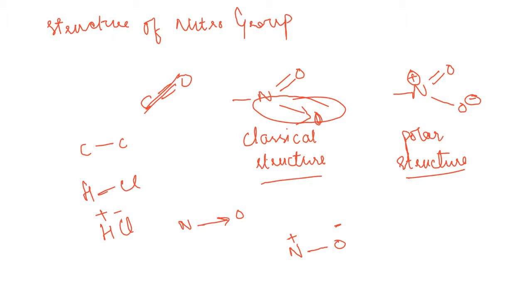Now tell me, what is the difference between this HCl bond and this coordinate bond, ionic bond and coordinate bond? Can anyone tell me?